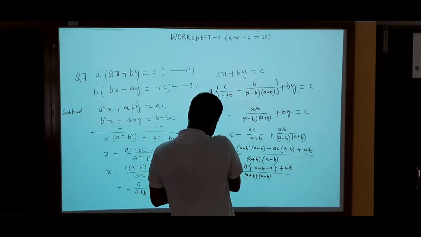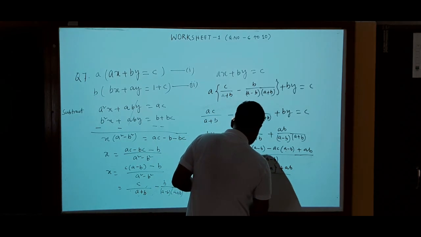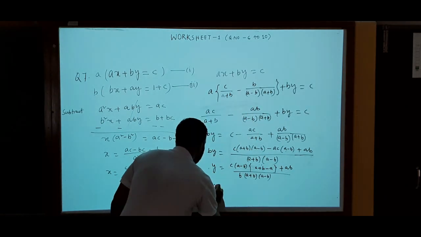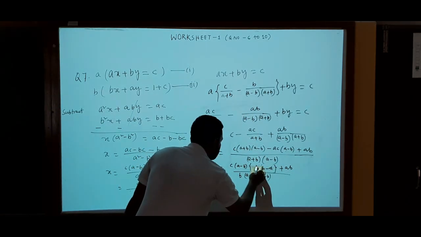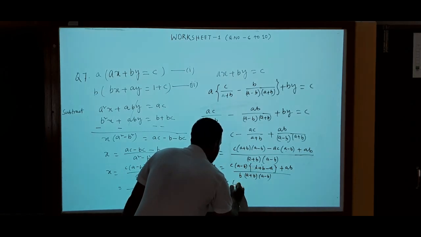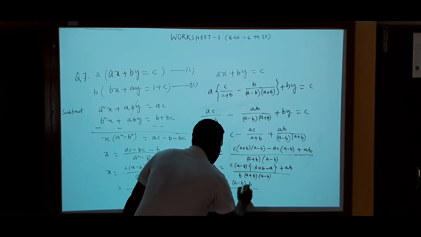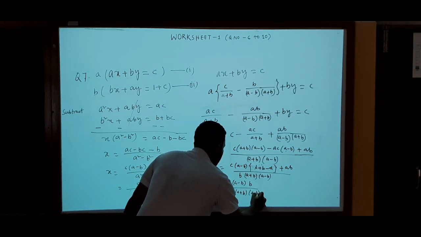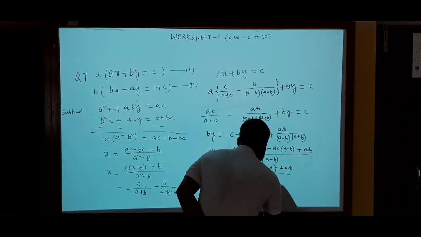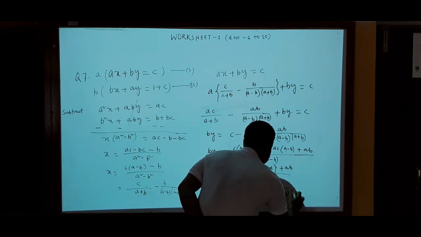And can I shift this b here in the denominator? Right? So y equal to, I'll write now c a minus b and into b upon this entire b into a plus b into a minus b, plus ab upon b into a plus b into a minus b.